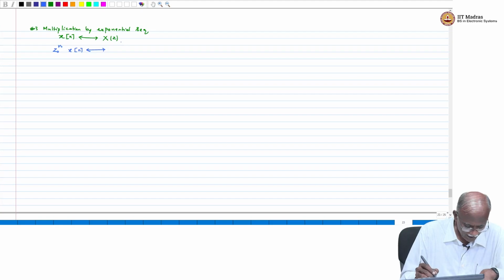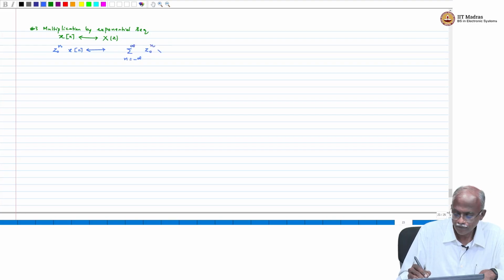So we will write this as summation n equal to minus infinity to infinity z0 power n x of n, z power minus n. Okay, it is just a mathematical substitution, but it gives you tremendous insight.